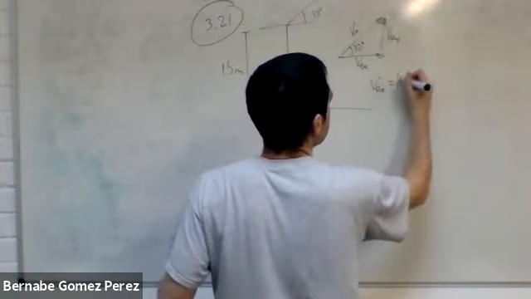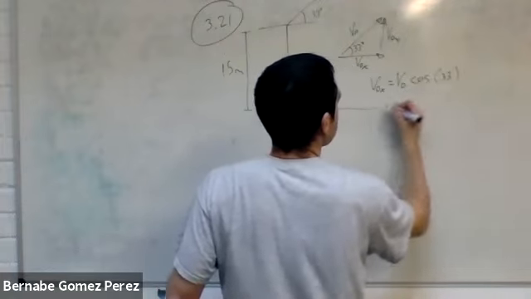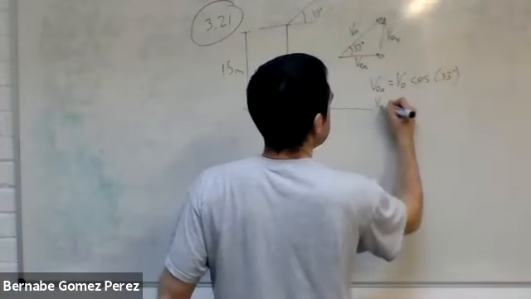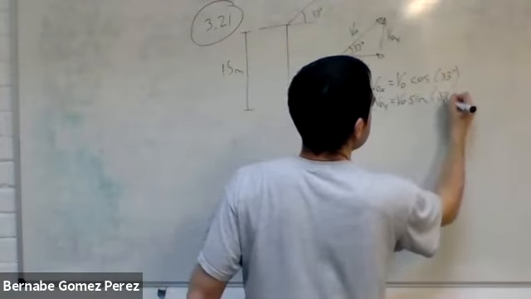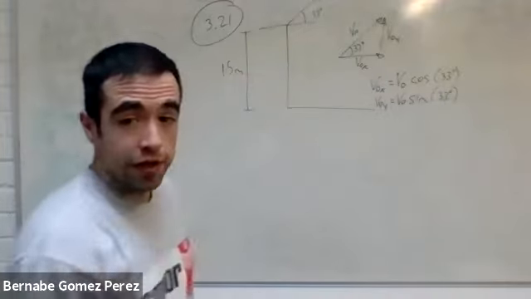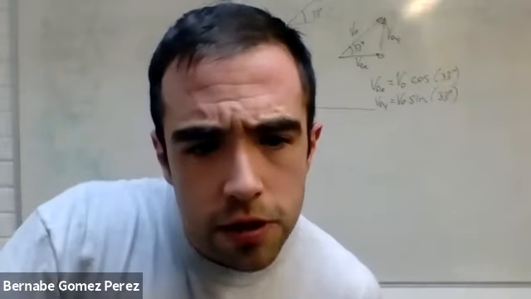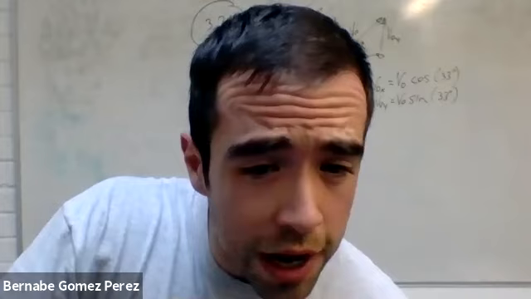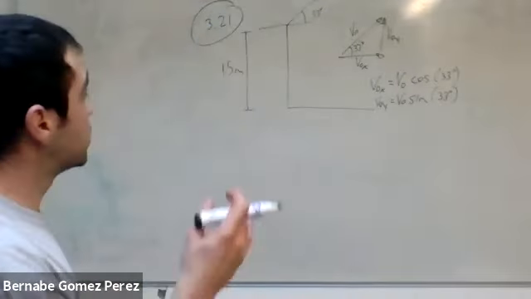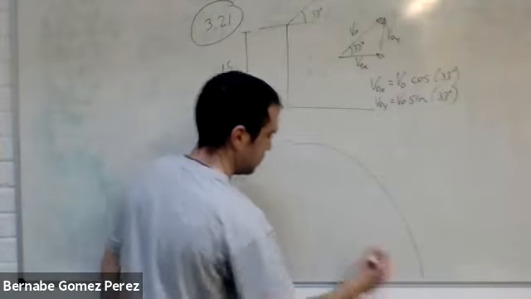V0x is equal to V0 cosine 33 degrees. V0y is equal to V0 sine 33 degrees. So you can calculate both. That's important to know. What am I asked? The maximum height at the roof. Basically, you know that this is going to be the trajectory.